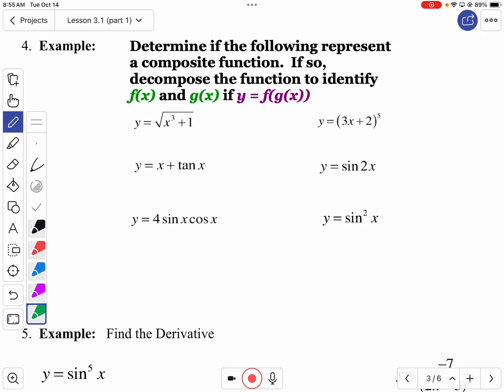Okay, are any of these not a composition? You are correct. X plus tangent x is not a composition. Anything else not a composition? We're never going to know when to use a chain rule if we don't know what's a composition.